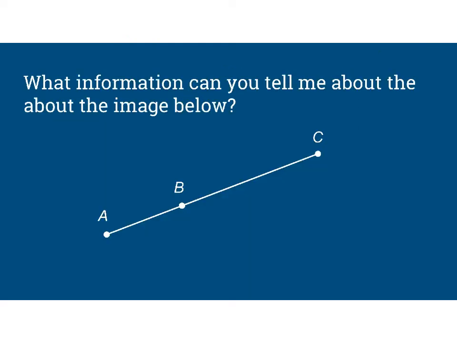So let's take a little second, give yourself about 15 seconds. I have this segment down here, A and C, and these three points that are on the screen. What I want you to do is think about what kind of information you can tell me given just that picture below. I'll give you 20 seconds.